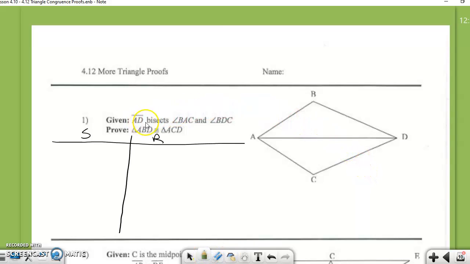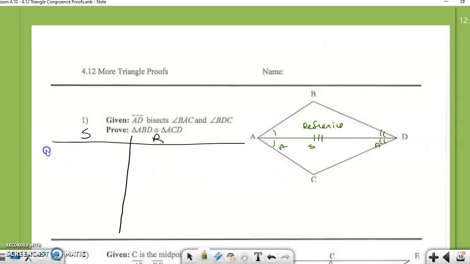It says segment AD bisects, so I'm going to have to use definition of bisects, angles BAC, so I know that that's congruent, and BDC, so I know these are congruent. I've got two angles already congruent. I also know that this right here is congruent because of my reflexive.